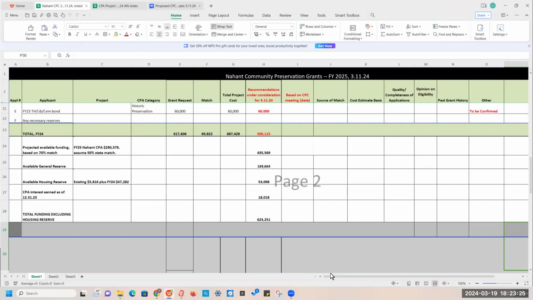isn't it to our advantage in terms of flexibility for us to draw as much as possible for housing projects, or the housing project, from the housing reserve? Right now we have one article in front of us for housing, the $60,000 article.